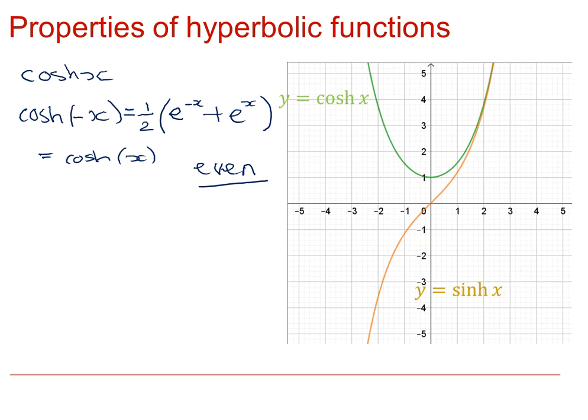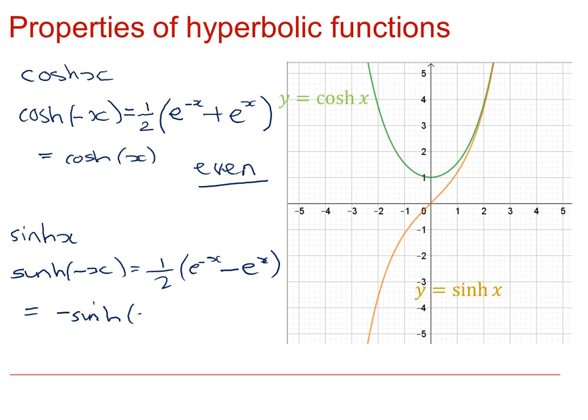In contrast, sinh of x has rotational symmetry, and sinh of minus x, which will equal half of (e to the minus x minus e to the x), is equal to minus sinh of x.